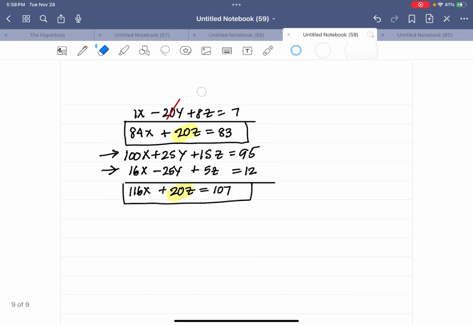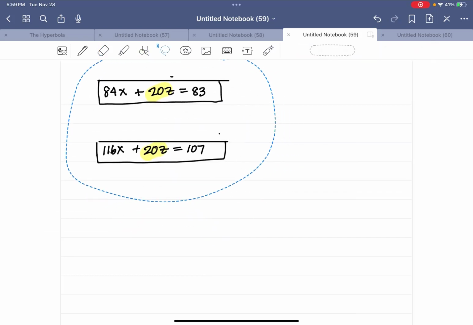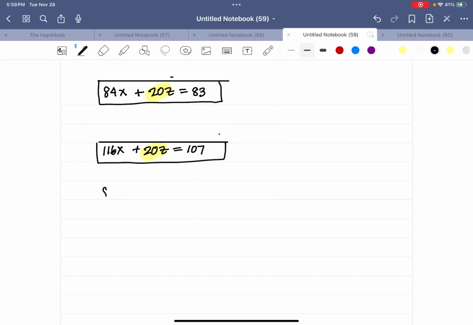Okay, so I've got this 84x plus 20z and this 116x plus 20z. 84x plus 20z is 83, and 116x plus 20z is 107.